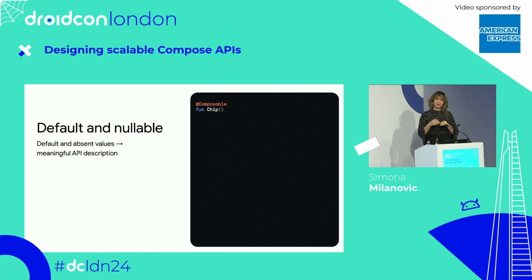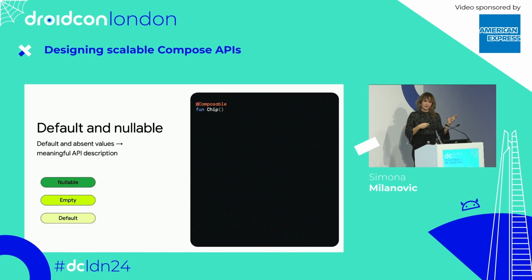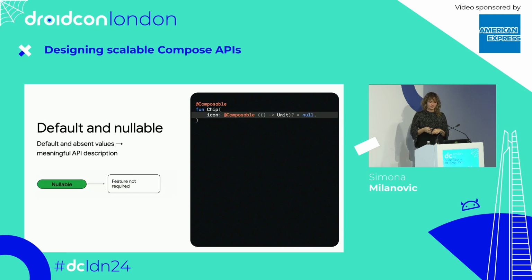Setting the default parameter values and using nullability to signal absence of value can provide a meaningful description of the API. So try to choose with care and think about it. There's a difference between a default value, an empty value, and an absent value. Nullable parameters hint that this API feature is available but might not be required at all for your use case.